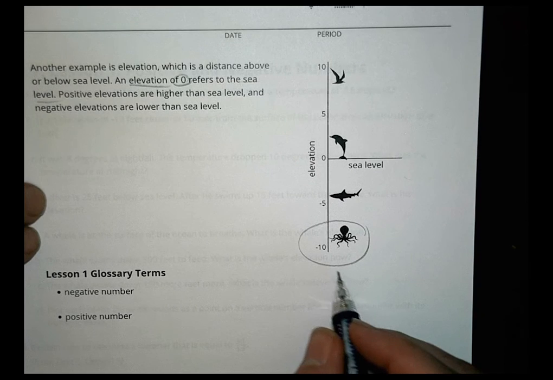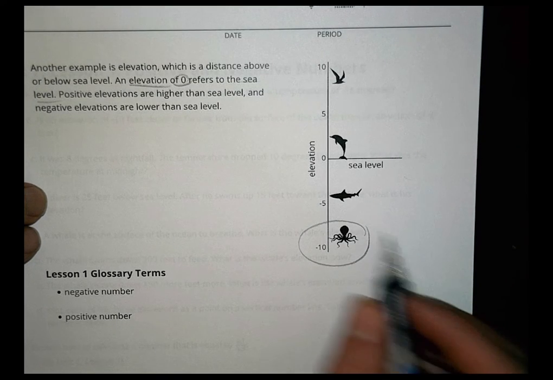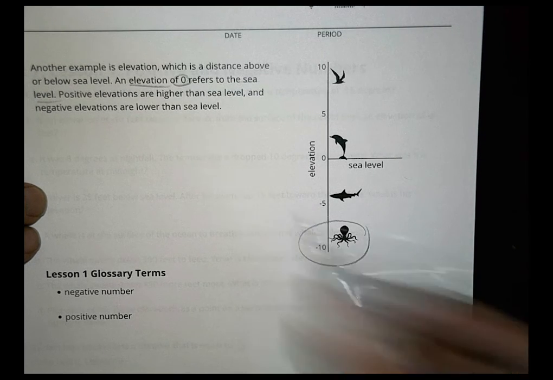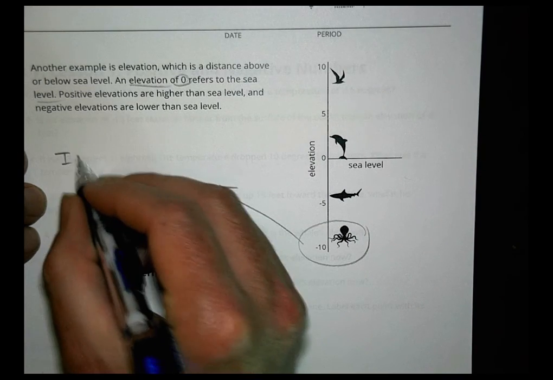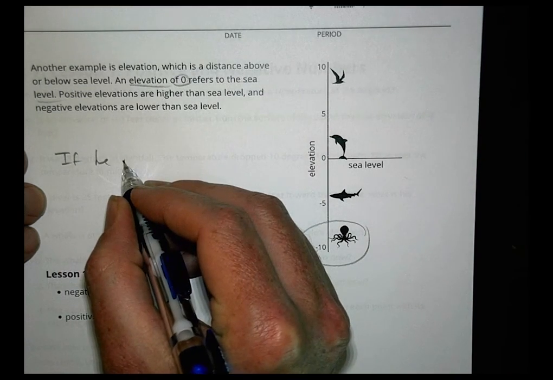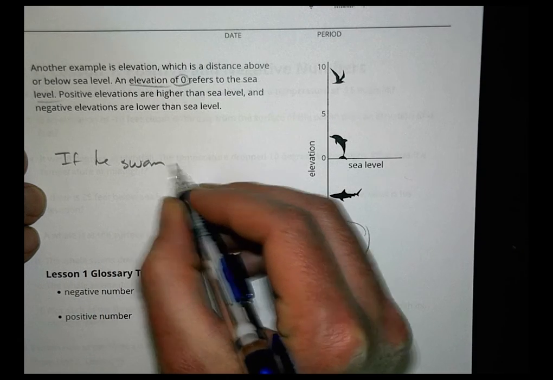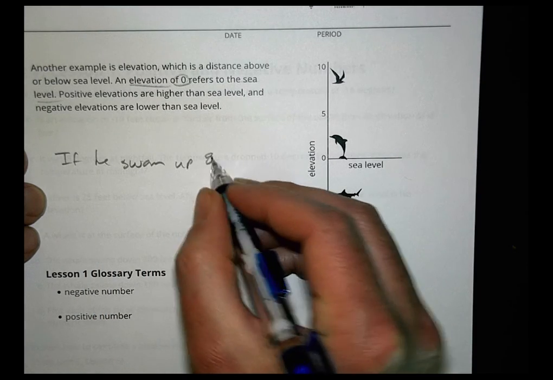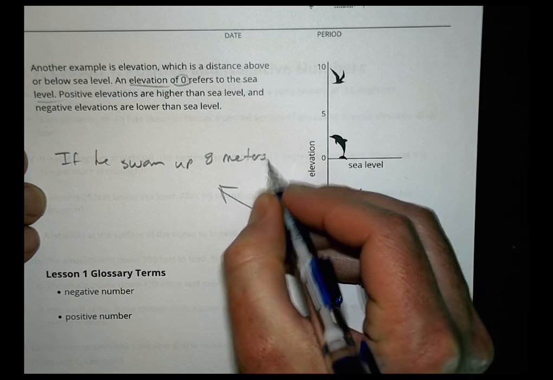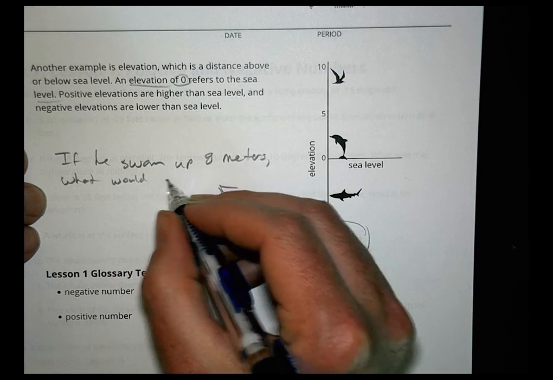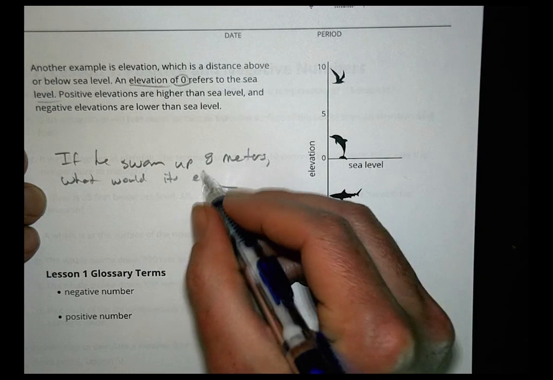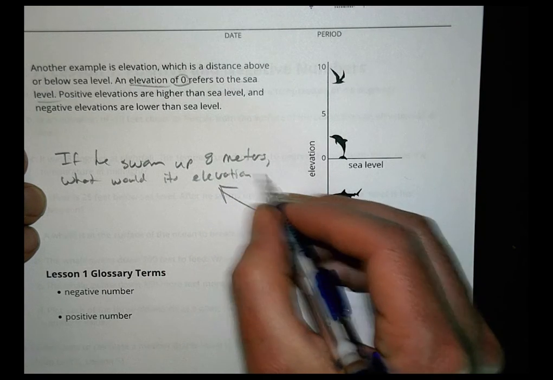Here he is down here, or squid, or whatever he is, at negative 10 meters, below 0. What would happen if he swam up 8 meters? What would his elevation be?